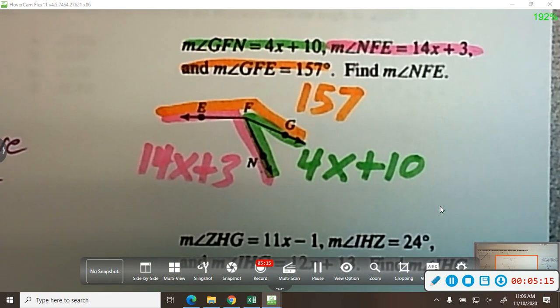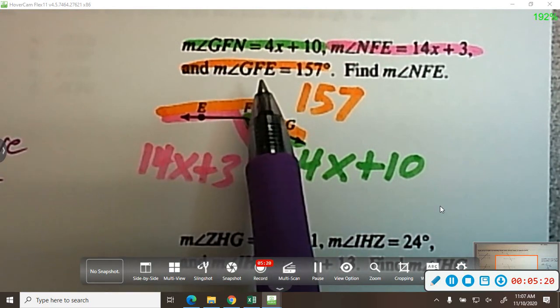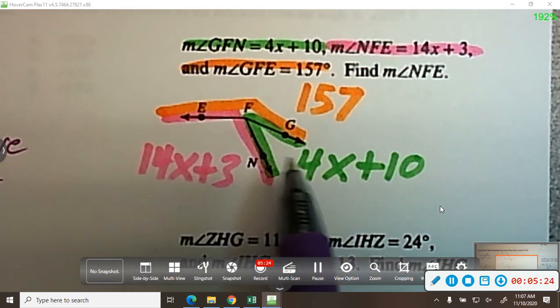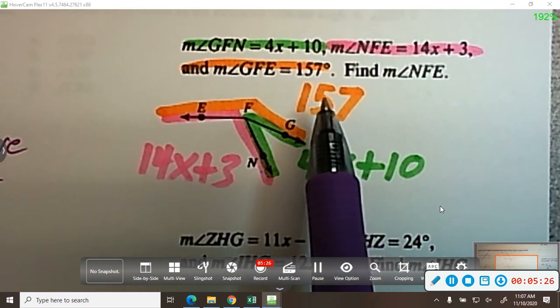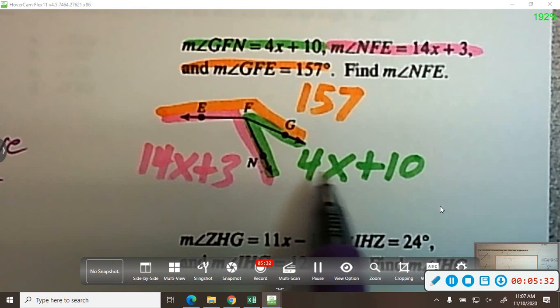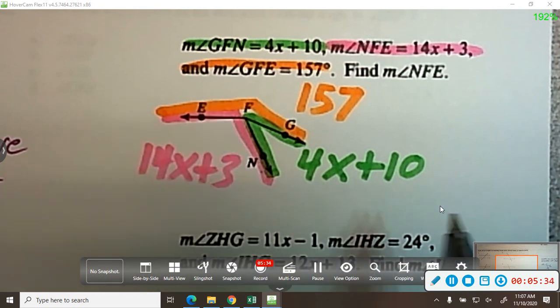And so I need to use the angle addition postulate, which says if you know the whole thing is 157 and you cut it into two parts, then both parts add up to 157. So that's going to be my equation. I'm going to say 14x plus 3 plus 4x plus 10 equals 157.